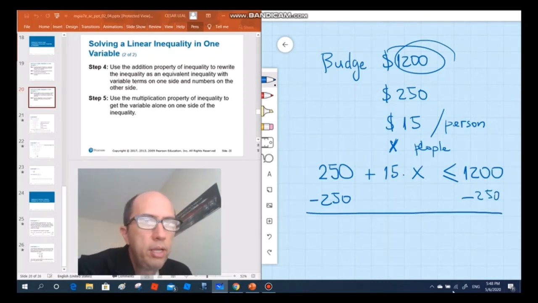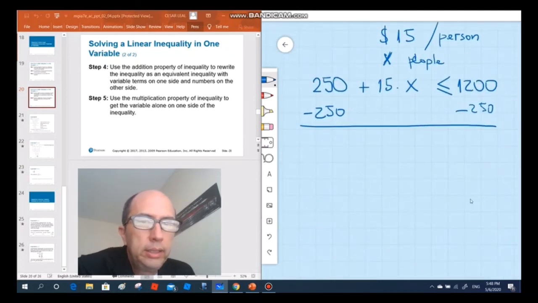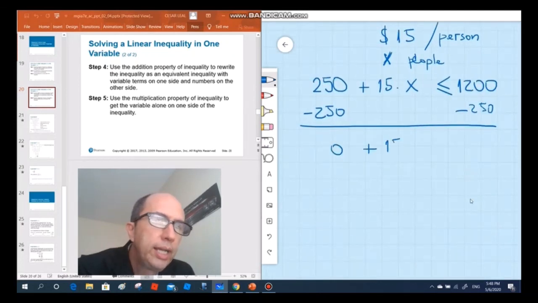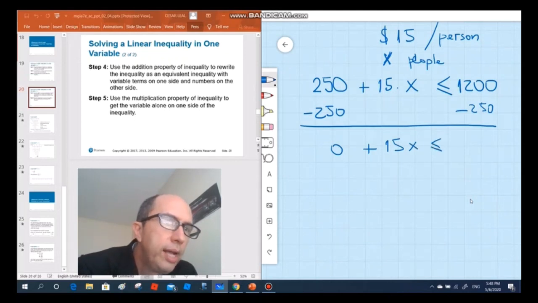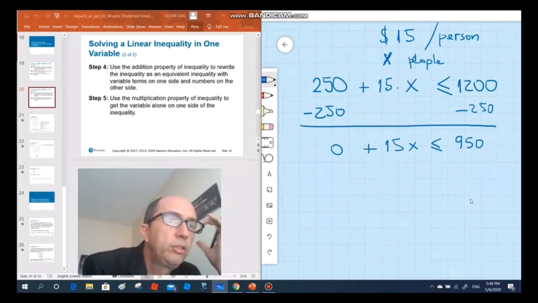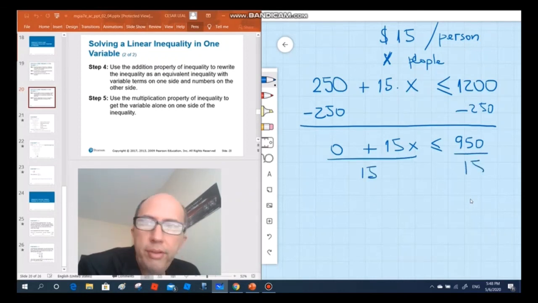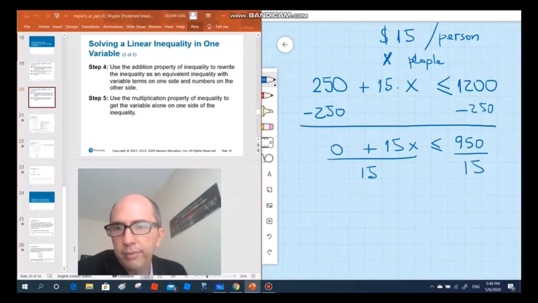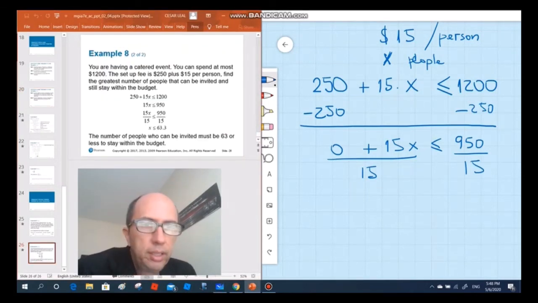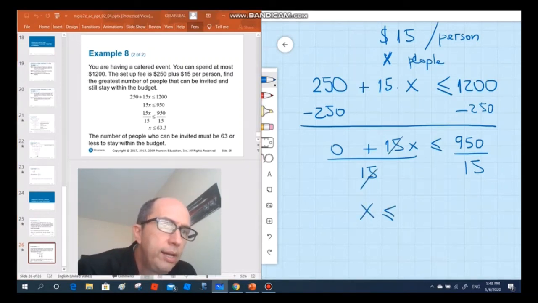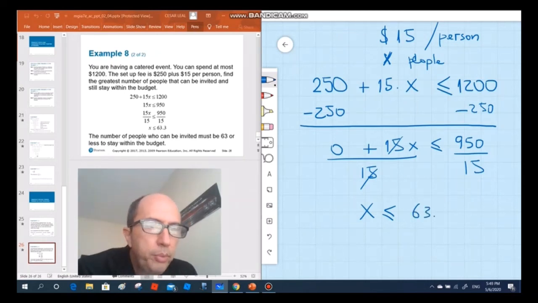And we will have here 0, plus 15x is less or equal than 950. 1200 minus 250 is 950. And now divide everything by 15, and you will have, simplify, x less or equal than 950 divided by 15. It's about 63.3.